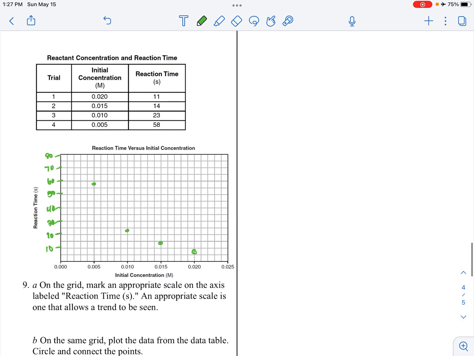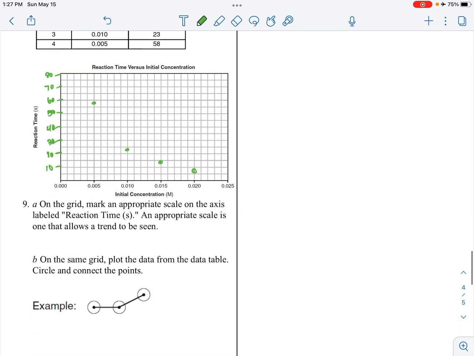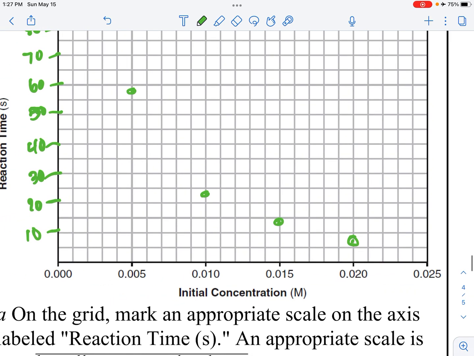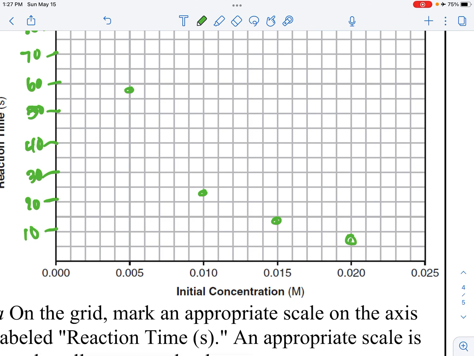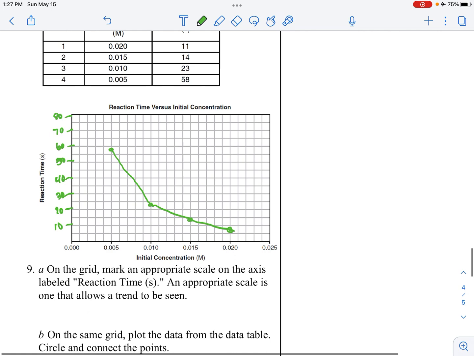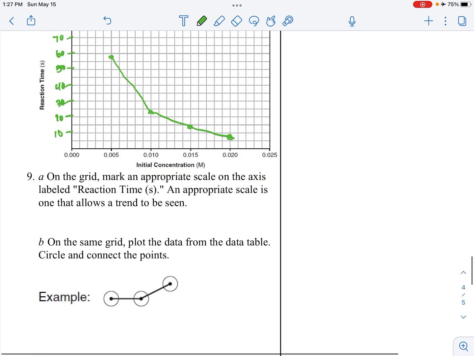Okay. So it says plot the points, circle and connect the points like that. So, again, you don't have a data point here, so don't do anything with that. Certainly don't bring it to 0. You wouldn't have a straight edge on the regents. So you could use, if you wanted, a straight edge like an additional piece of paper, or you could just kind of eyeball it like that. Okay, so there we go.